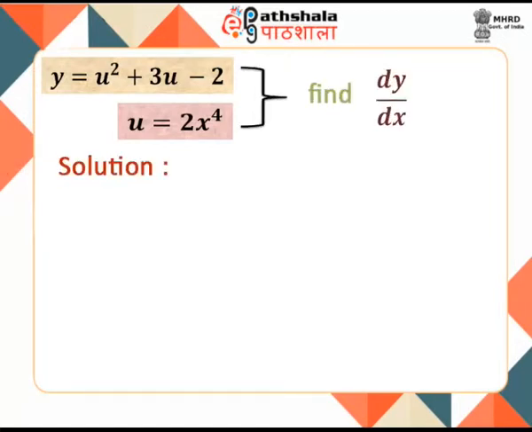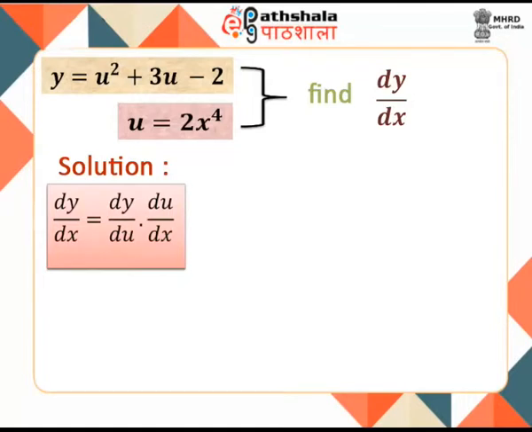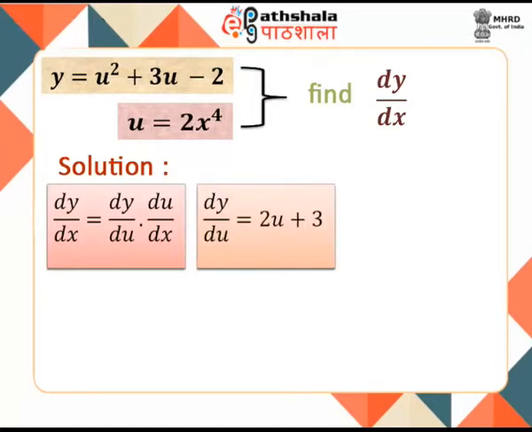The solution goes as, by using chain rule we can write dy by dx is equal to dy by du into du by dx. We have dy by du is equal to 2u plus 3 and du by dx is equal to 8x cube.